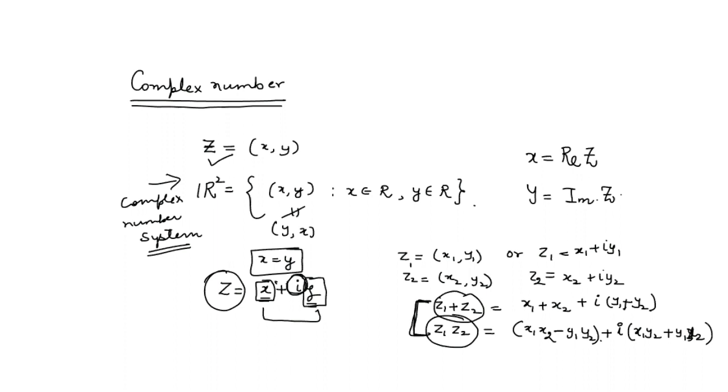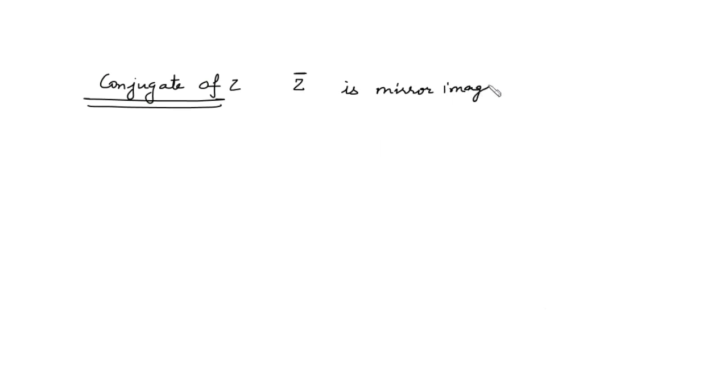Now just see what is the conjugate of z. Conjugate of z is also a complex number. It is denoted by z bar, and it is the mirror image of the complex number z with respect to the real axis.